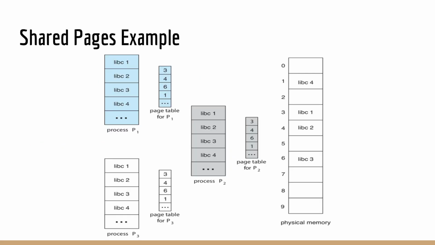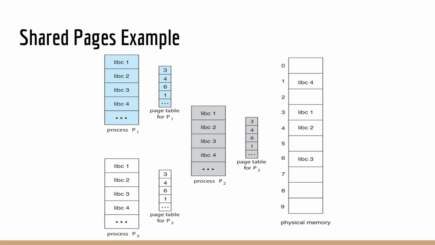This diagram perfectly shows how page sharing works. We have three processes, P1, P2, and P3. Each of them uses the shared library, which is libc. Look at their page tables.